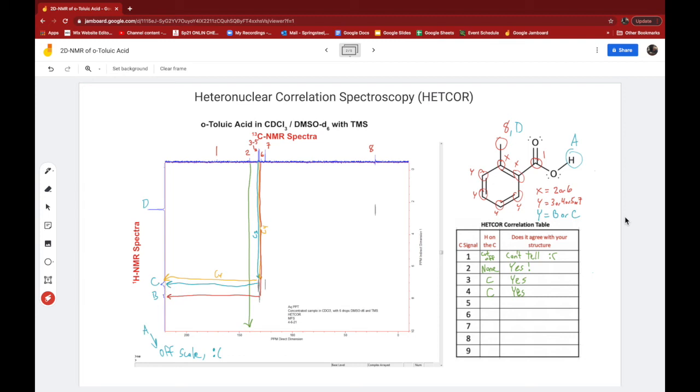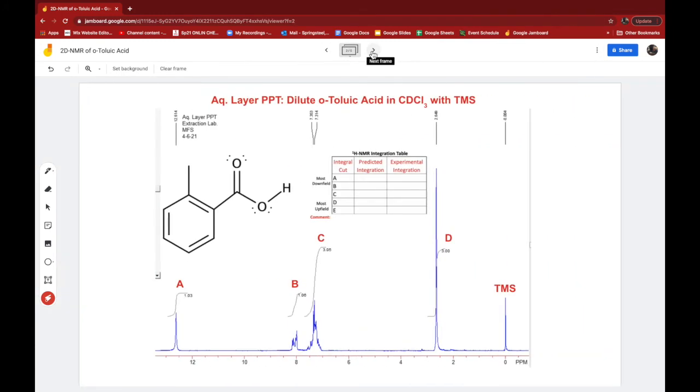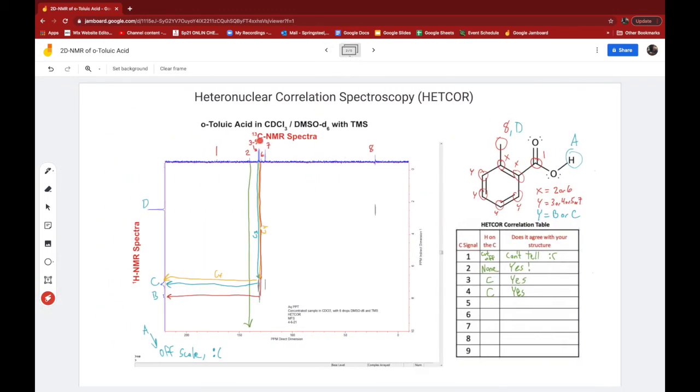So we got B. And B, what did B integrate to? I think did B integrate to 2 or 1? Let's look back actually. Maybe I'm doing this wrong. Yeah, no, B integrated to 1. Good. So B integrated to 1. So one of these is the B. Yeah, and now we know it's carbon signal 5.